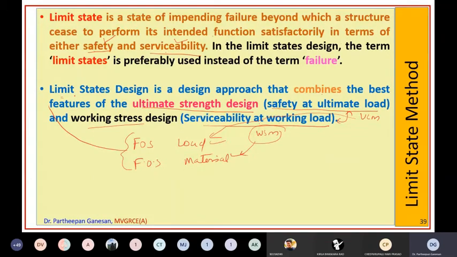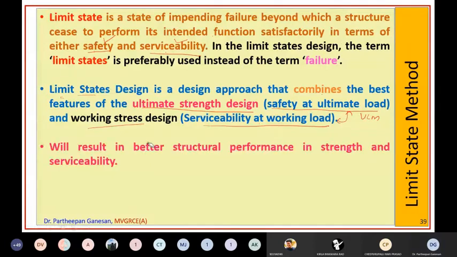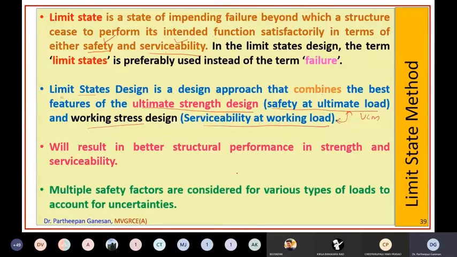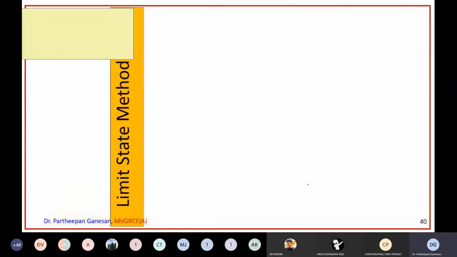Okay, that is limit state design. It will result in a better structural performance in strength and serviceability. In limit state method, multiple safety factors are considered for various types of loads to account for uncertainties, because there are factors of safety in the load, which we will discuss in detail after some time.